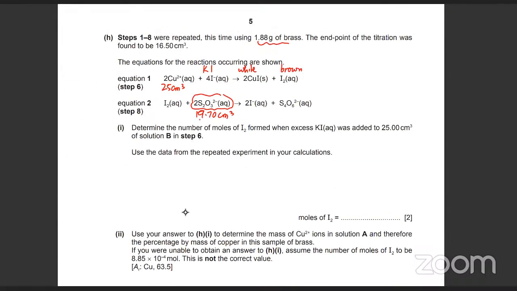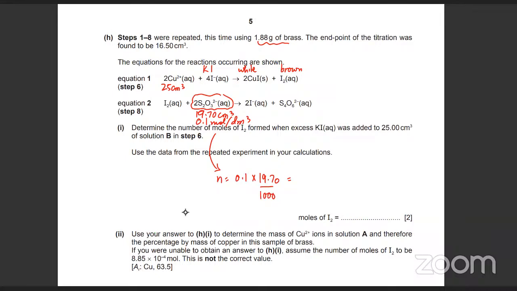So the concentration of the thiosulfate is 0.1. Now the first task: find the moles of thiosulfate. That's 0.1 concentration times volume. That's 19.7 divided by 1,000.